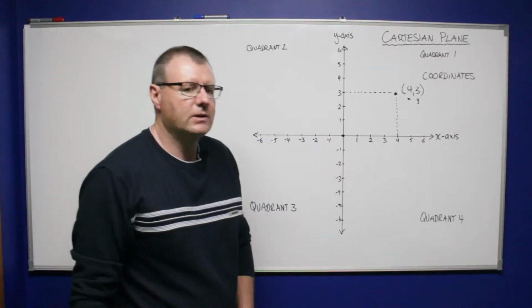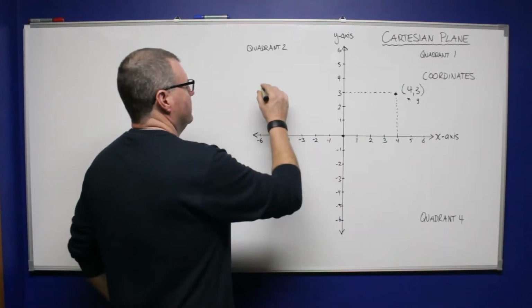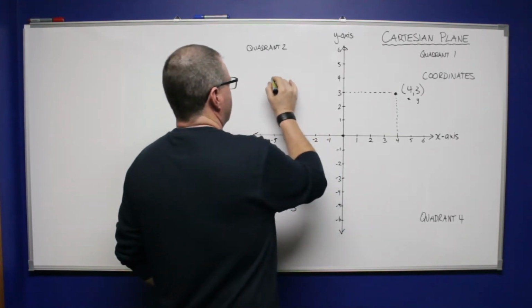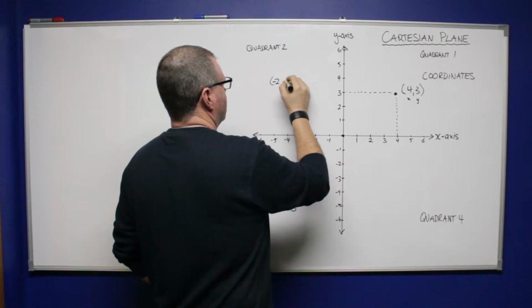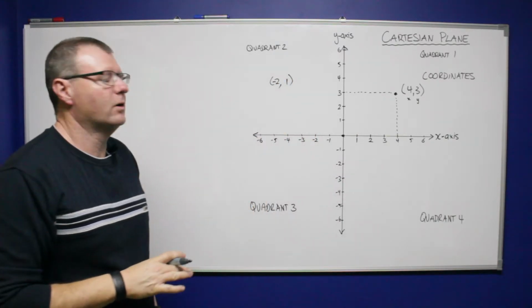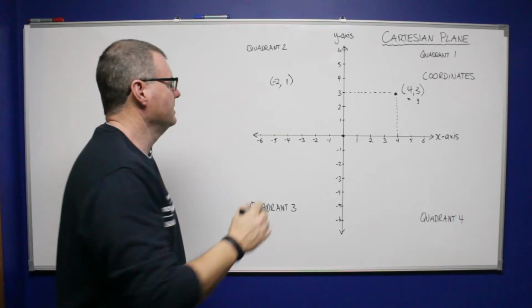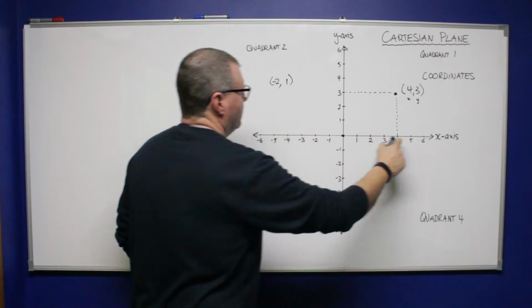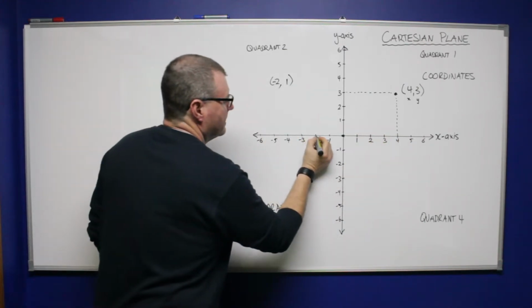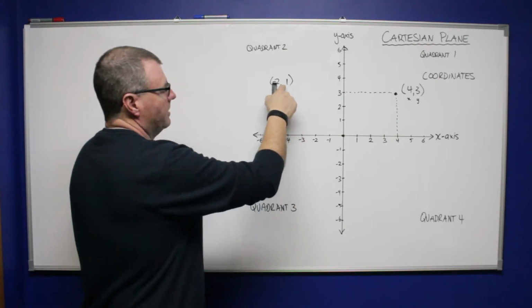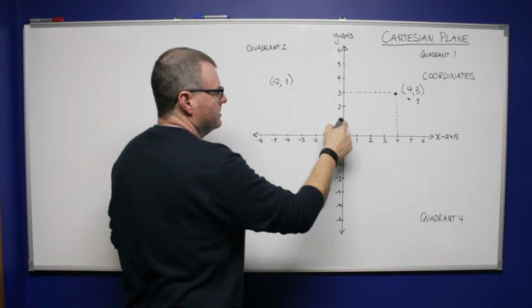So let's say I wanted to ask you to find the coordinate (-2, 1). Here's the process. This is my x value, so it's going to be somewhere along here. I need to find where -2 is, and I know that it's there. Starting at that point, I'm going to go up to +1.